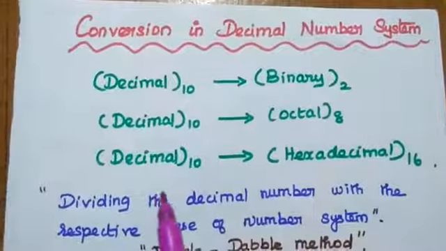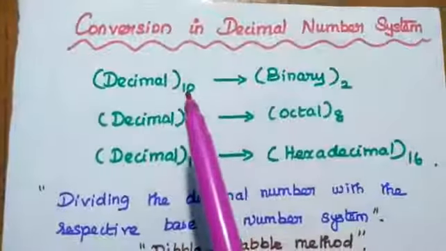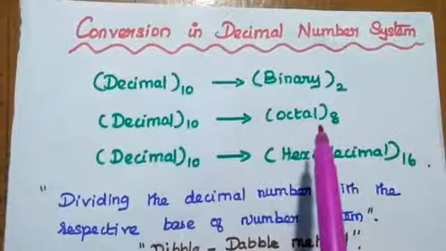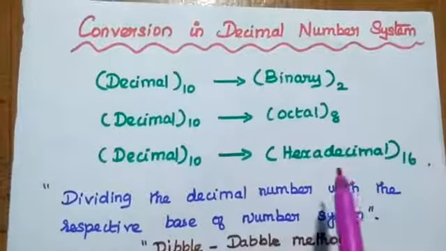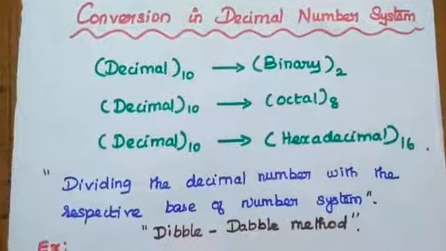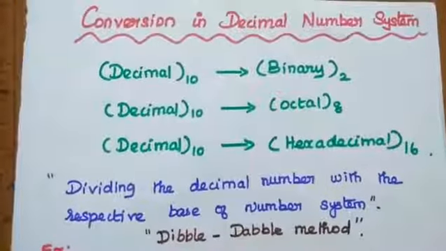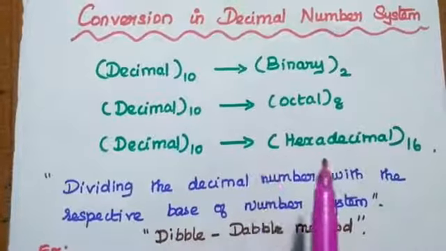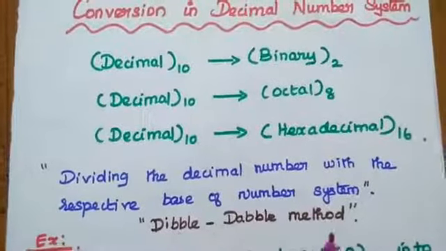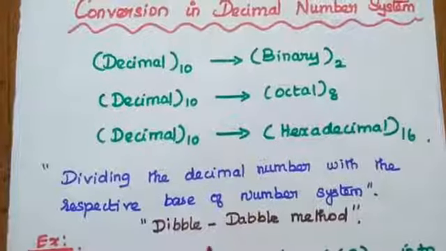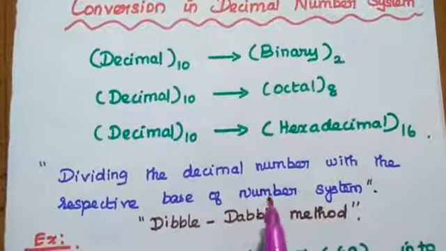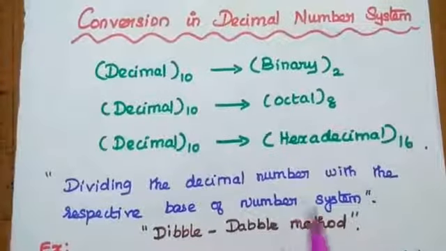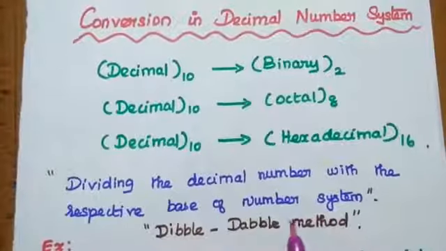The very important thing is the radix or base of the system: 10 for decimal, 2 for binary, 8 for octal, 16 for hexadecimal. The most popular and simple method used to convert the decimal into any other number system is the table method, in which the given decimal is successively divided by the base of the number system we are going to convert to.